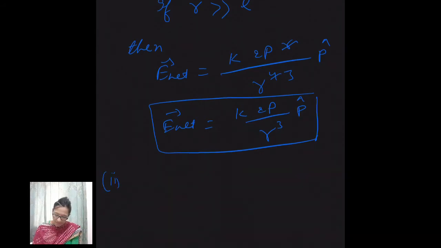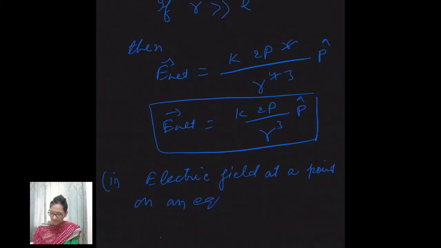Electric field at a point on an equatorial bisector plane.